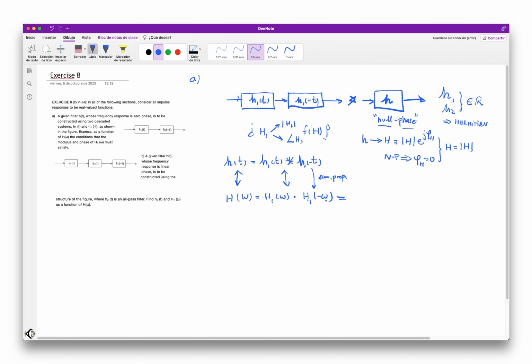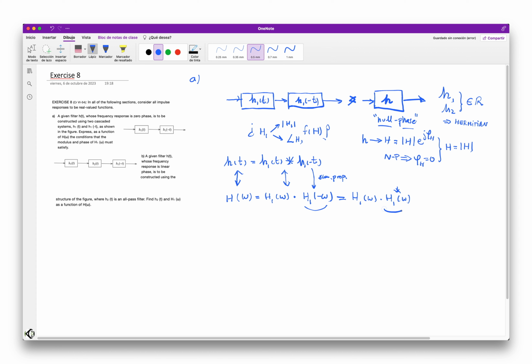Their frequency responses are Hermitian. And Hermitian means the following. Here, this is H1 of omega. It means that H1 of minus omega is the same as H1 conjugated of omega. This is what Hermitian means.